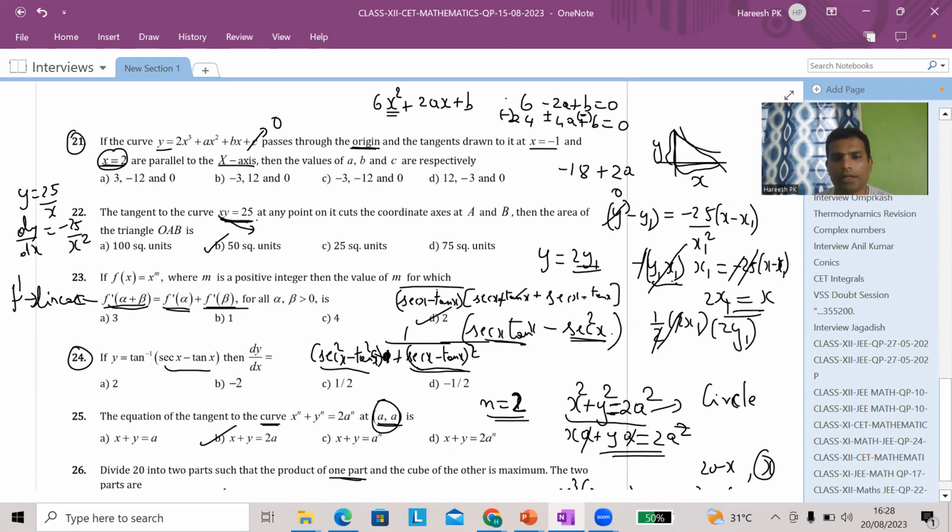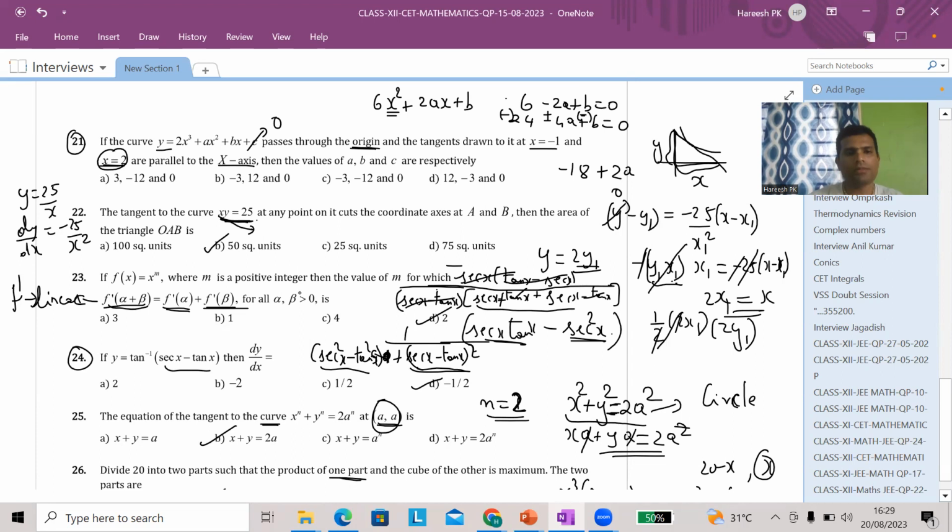So the tan x will get cancelled, and in the numerator you can pull out secant x common. I'll be left with tan x minus secant x, which will cancel with this and produce a minus 1. Secant x and 2 secant x get cancelled and you'll get a 2 in the denominator. So the final answer is minus 1/2.